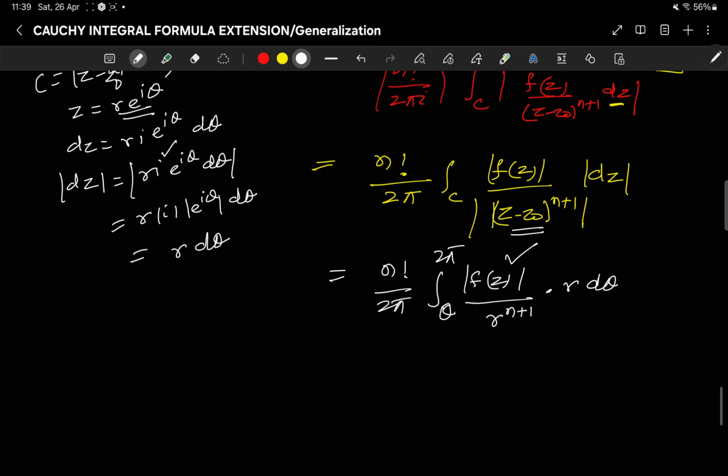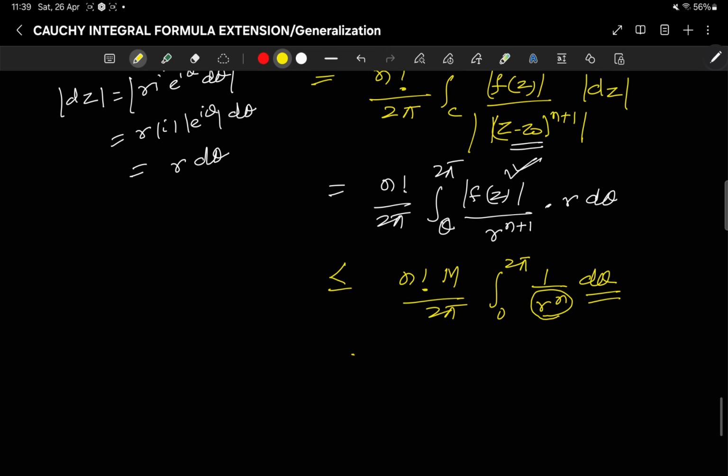Now |f(z)| is less than or equal to M, right? So this is again less than or equal to n factorial M by 2 pi, integral from 0 to 2 pi of 1 by r to the power n, this r and 1 cancelled here, d theta. So r to the power n can be taken out because we are integrating with respect to theta.